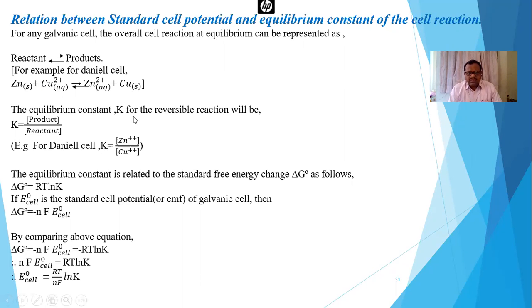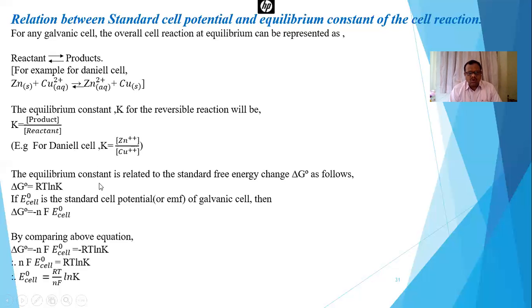The equilibrium constant K for this reversible reaction is equal to the molar concentration of products upon the molar concentration of reactants. For the Daniell cell, K is equal to the molar concentration of the product ions, that is zinc, upon the molar concentration of the reactant, that is Cu++.